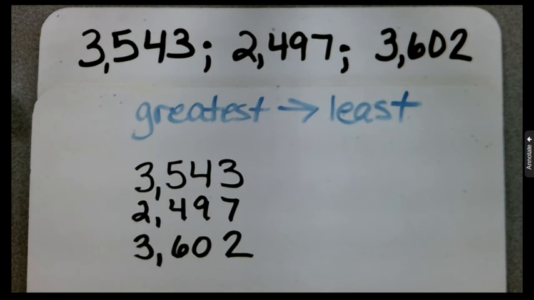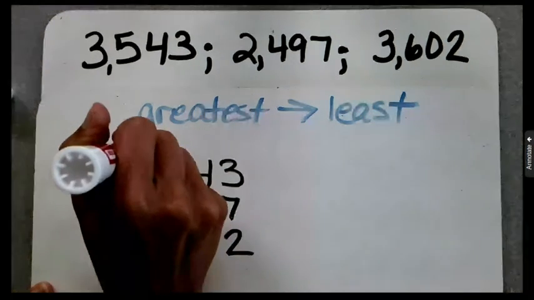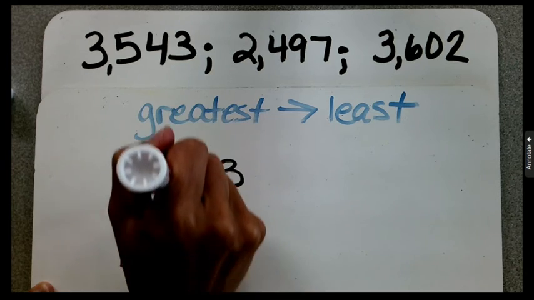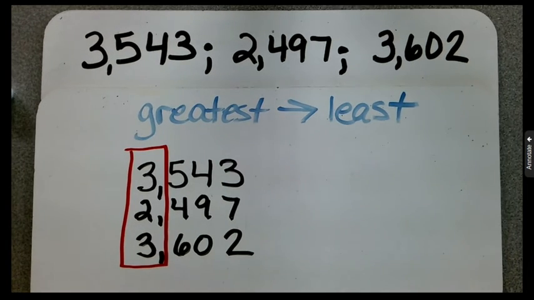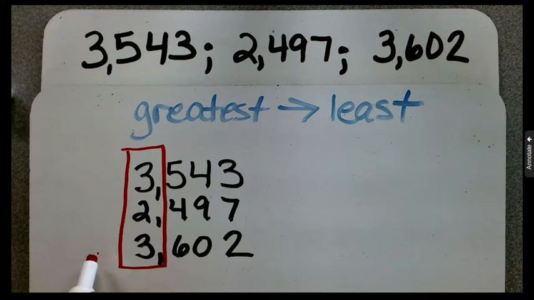Next, it says to compare the numbers starting with the greatest place value. So in this case, we have ones, tens, hundreds, and thousands. The greatest of all of those place values is the thousands column. So this is where we have to begin. If we're looking for the greatest or biggest number, we know we have two possible choices.